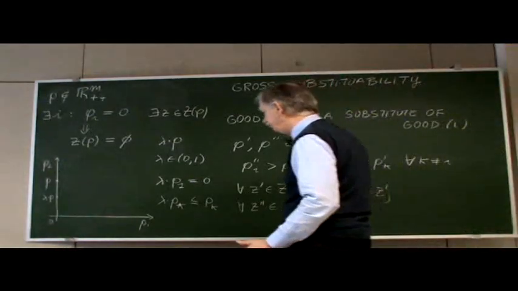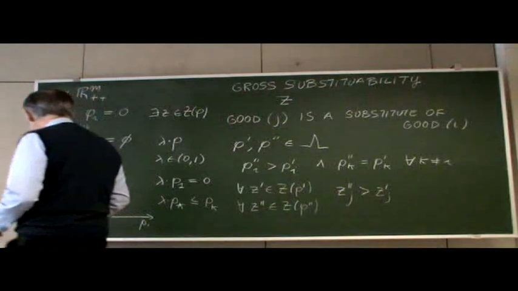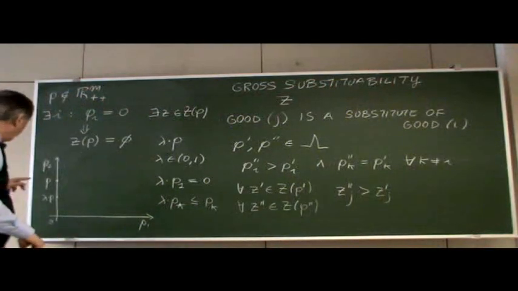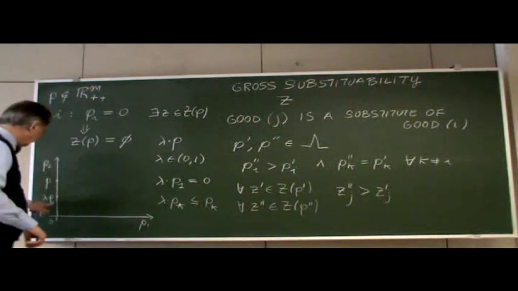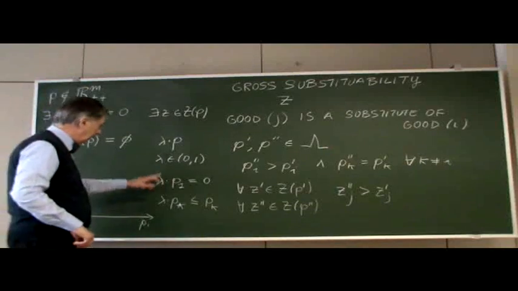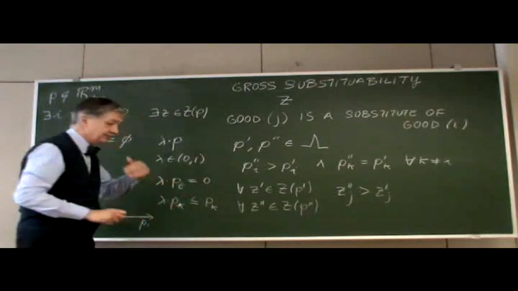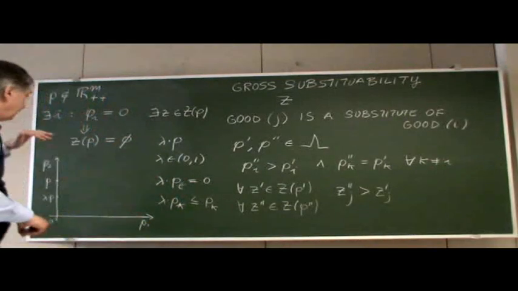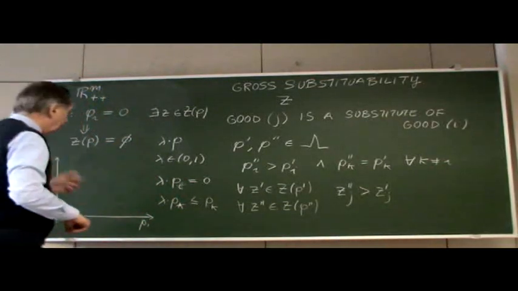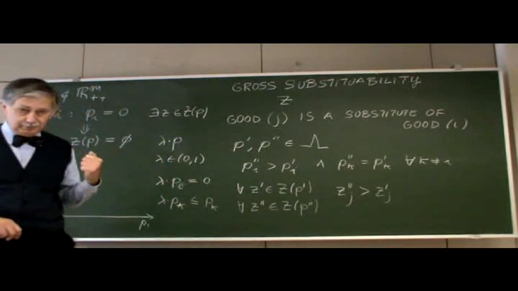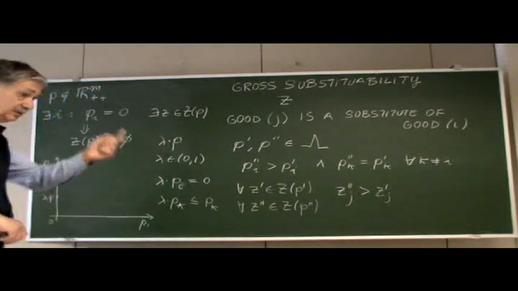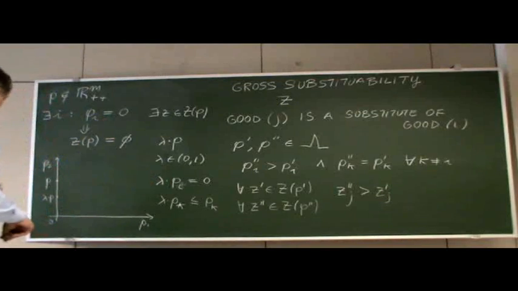Is it clear? So, substantially, when you pass from P to lambda times P, the zero component, in our case the first component, remains unchanged, while all the others diminish or remain unchanged. At least one must diminish.